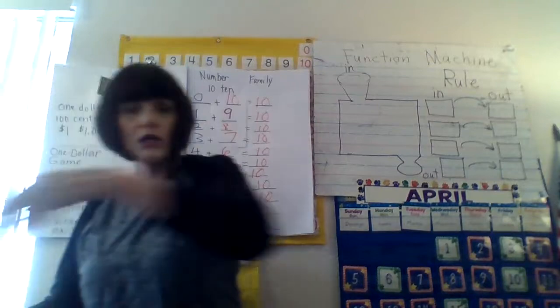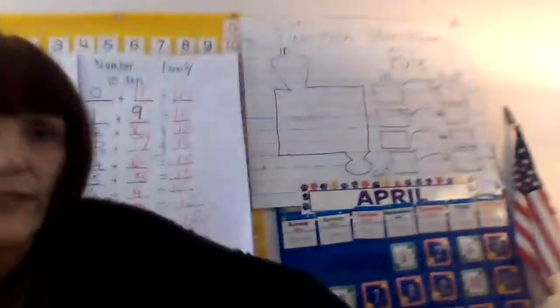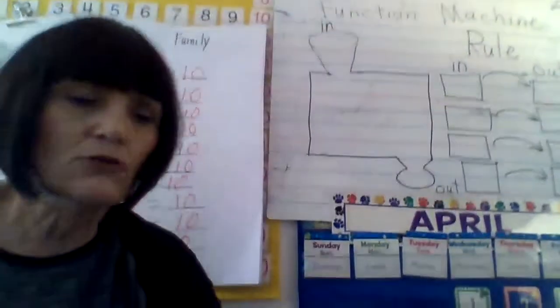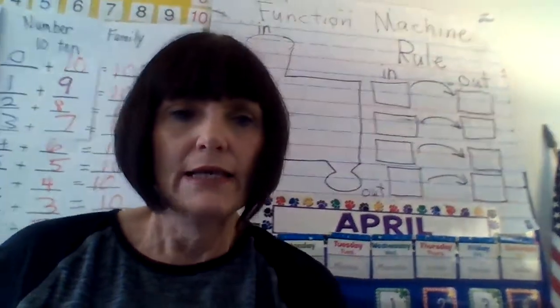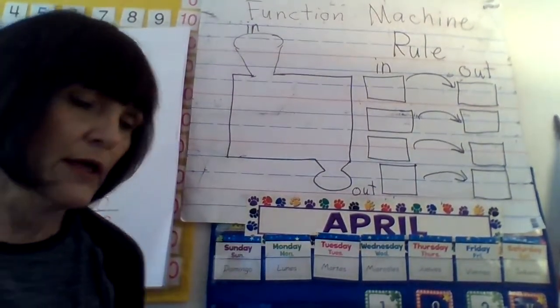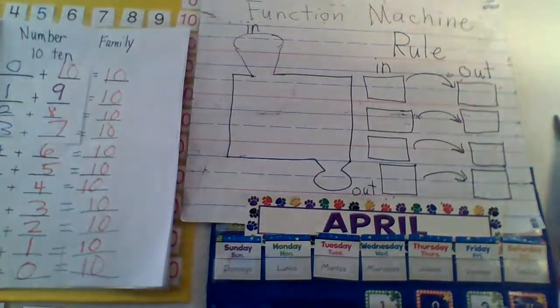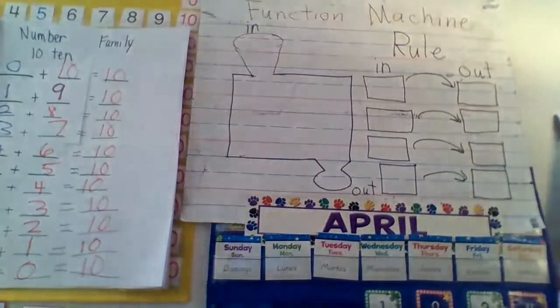Well, let's look on the board here and see what was really happening with that machine. There is a rule that that machine was following, so let's look at that and see what it could be. All right, so let me get my markers. Where did those little markers go? Here they are.